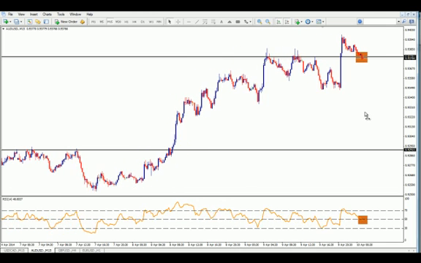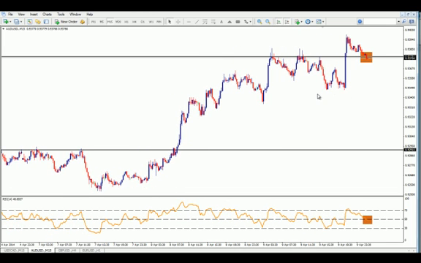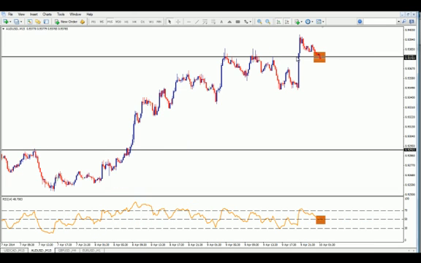Now let's look for some other interesting setups here. We have a very clear bearish divergence when price makes a high here and then makes a new high right here.